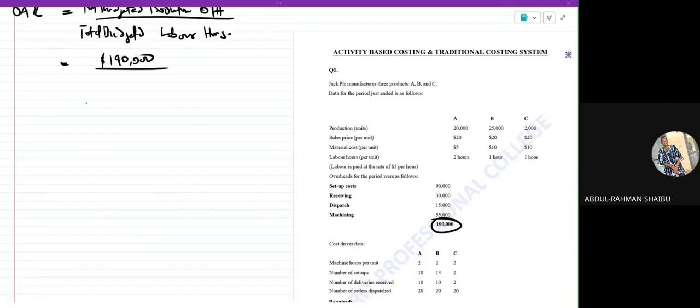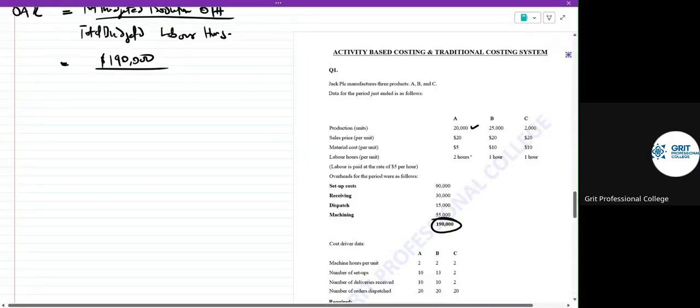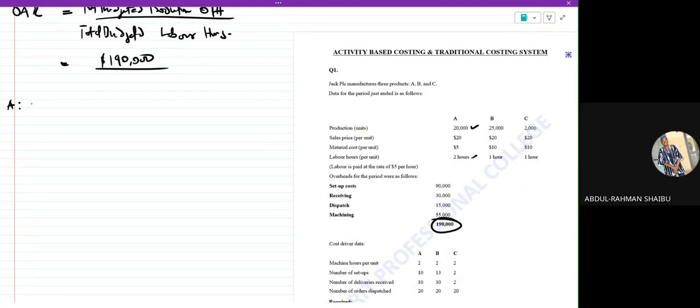The total labor hours is the production units multiplied by the labor hours per unit. For each product, for A, we'll have 20,000 multiplied by 2 hours.